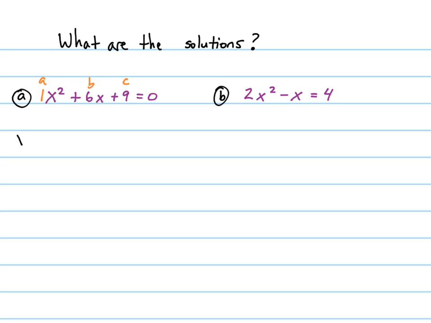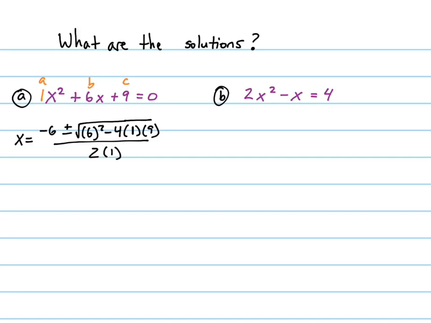So we've got x equals negative b, so it'd be negative 6, plus or minus the square root of b squared, so that's 6 squared, minus 4 times 1 times 9, all over 2 times 1.